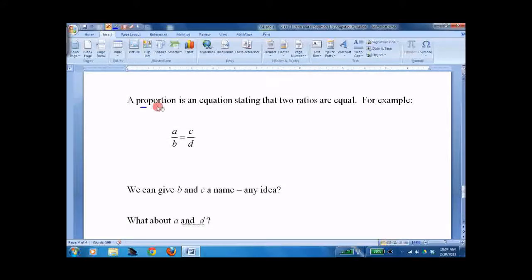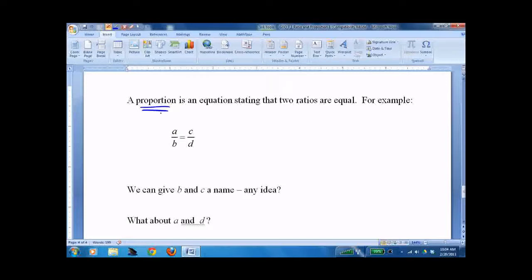Now, take two ratios, put them together, put the word equals between them, and we have a proportion. That simple. Now, on occasion, we give the letters B and C a name. Hopefully you've heard of it.